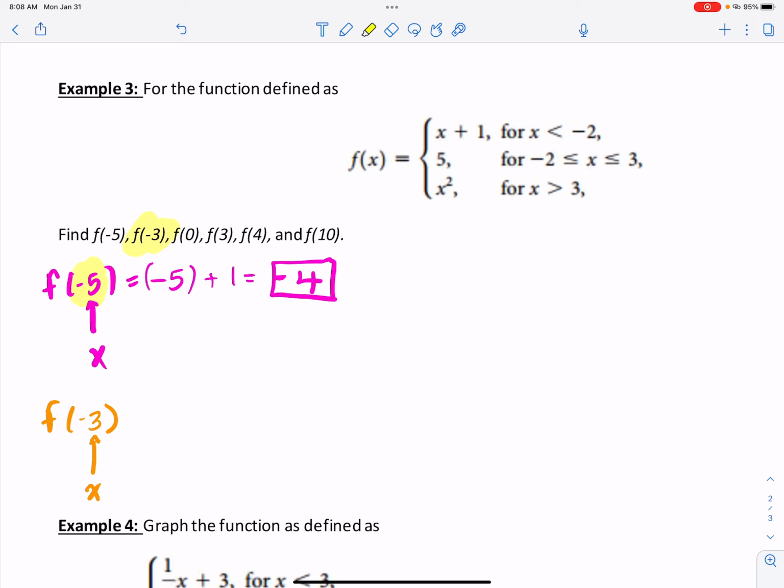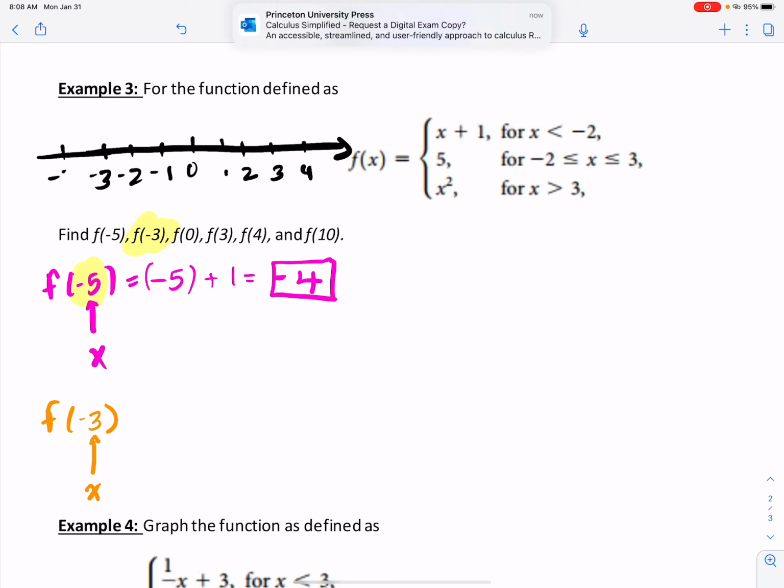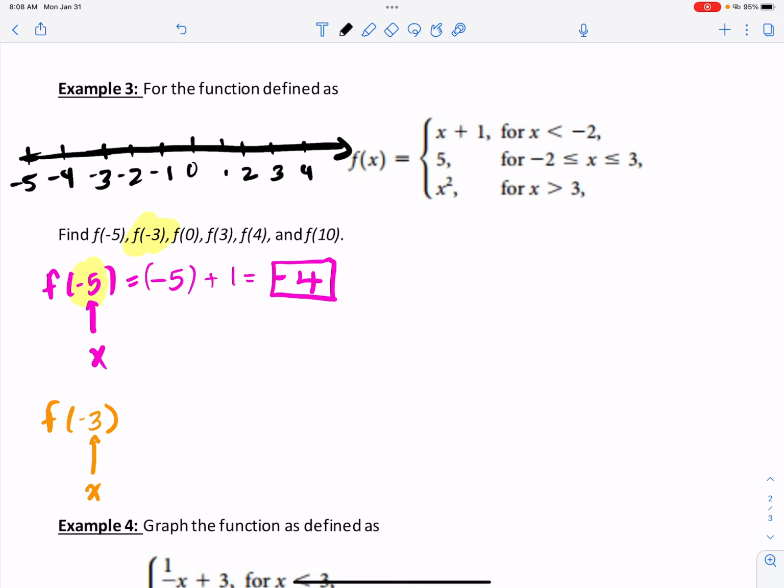-3, is -3 greater than 3? No. And if you're not sure, what I recommend doing is making a little number line. Just draw out a number line and draw out all your numbers. 1, 2, 3, 4, -1, -2, -3, -4. You get the point, okay? And we're interested in -3.